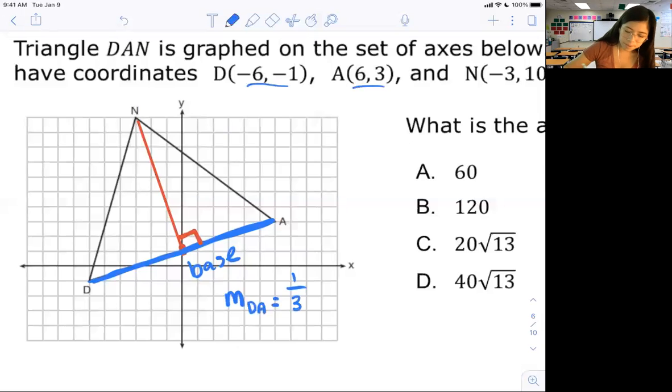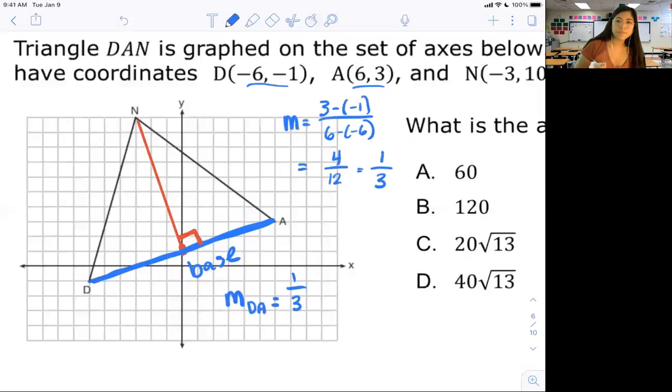If you use these numbers up here, then this would be 3 minus negative 1 over 6 minus negative 6. Wait, AD. Yeah, that's right. So this would be 4 over 12, which simplifies to 1 over 3. So it's 1 over 3.